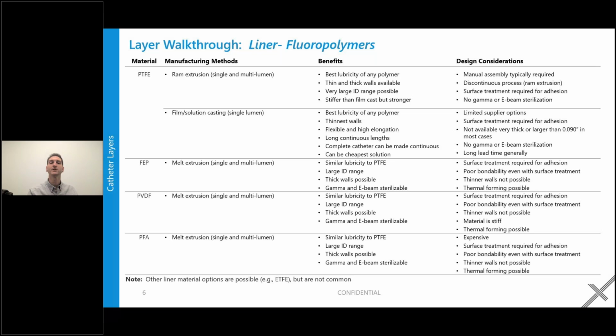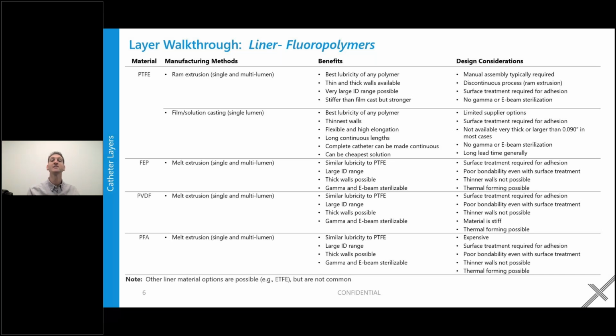And so that's where the material is suspended in solution, and there's a specific process for that where they're running a mandrel through that suspended material and sintering that through an oven. So that is actually a continuous process. The problem with it is it's a little bit weaker because there's no orientation of the fibers like there is in an extrusion process.